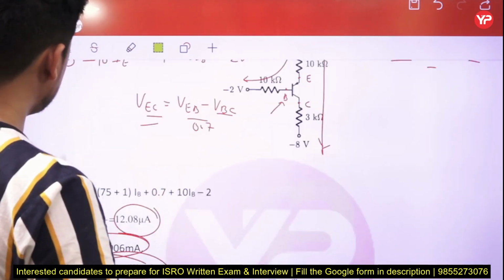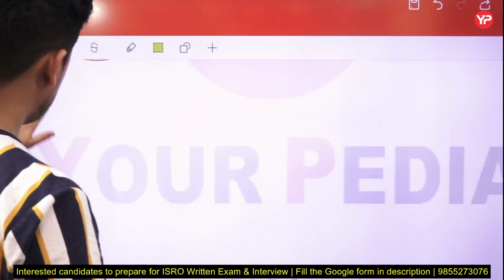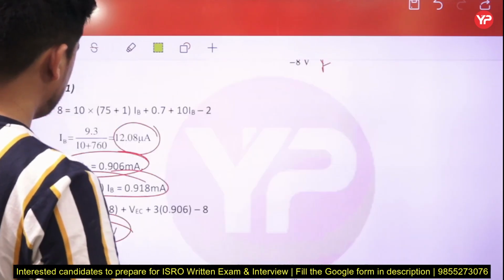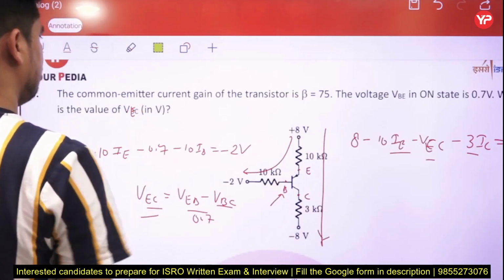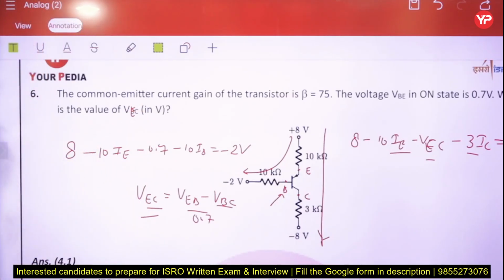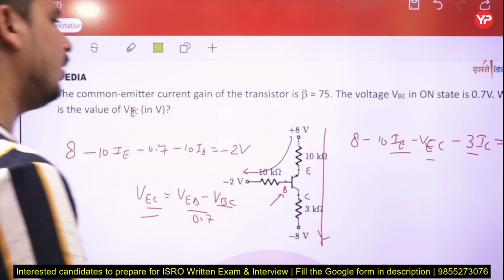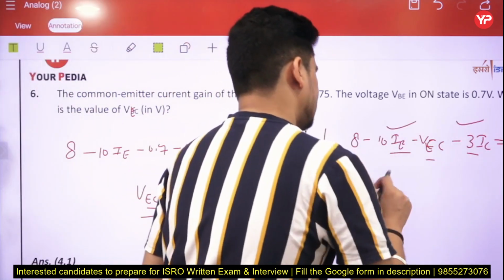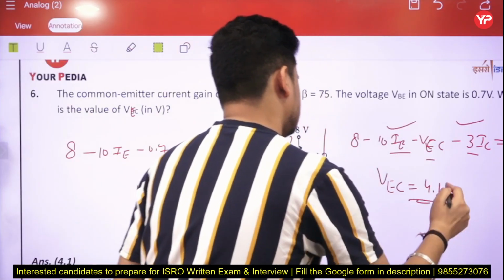Okay, he is asking VCE, not VBC. Oh, that is a printing mistake. He is asking for VEC, not VBC. So VEC, emitter to collector, you can directly calculate by applying the KVL in the output loop and putting in the values. VEC is going to be 4.1 volt.